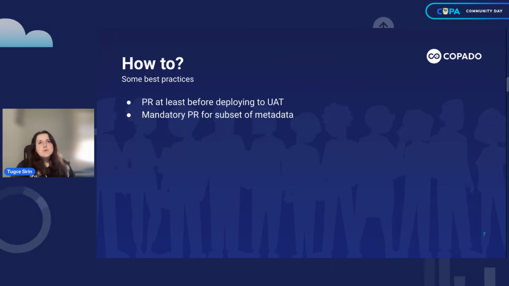While having the pull request review process mandatory for all changes is great and something that everyone should strive for, some Salesforce metadata is really hard to understand in text form, like flows, because these files are ultimately XML, and understanding XML formats of flows are really hard, especially if the change is big. And also, it is important to remember having this pull request review process in place means extra effort and time from another team member.